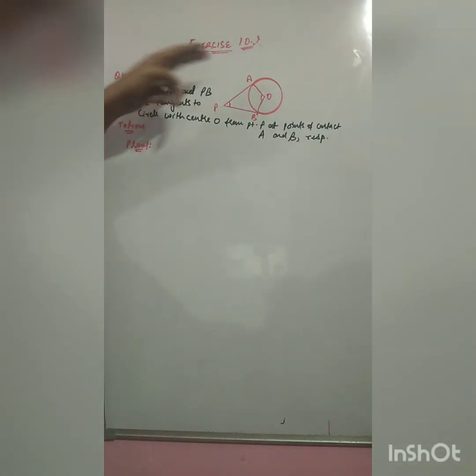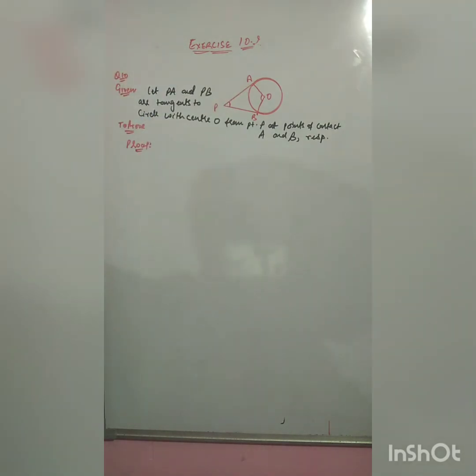That is, PA and PB are two tangents to the circle from point P with points of contact A and B.